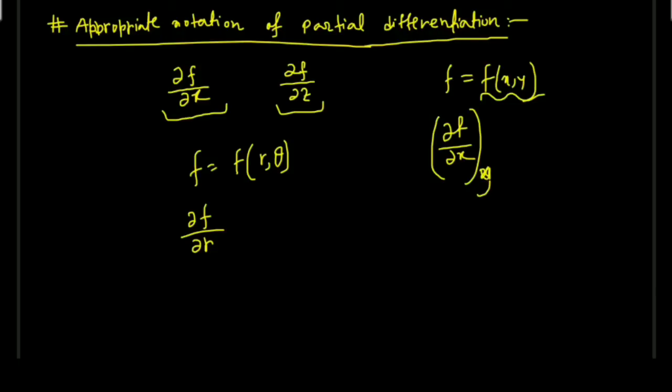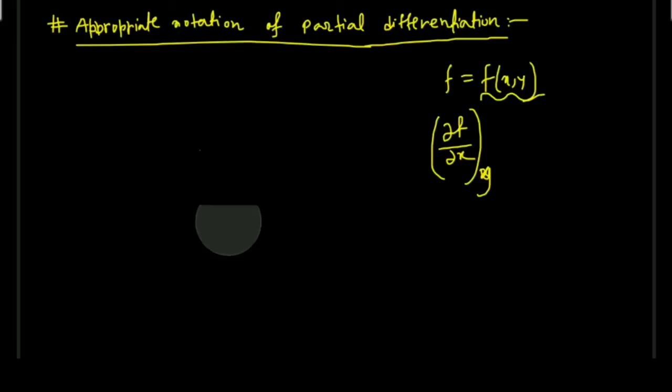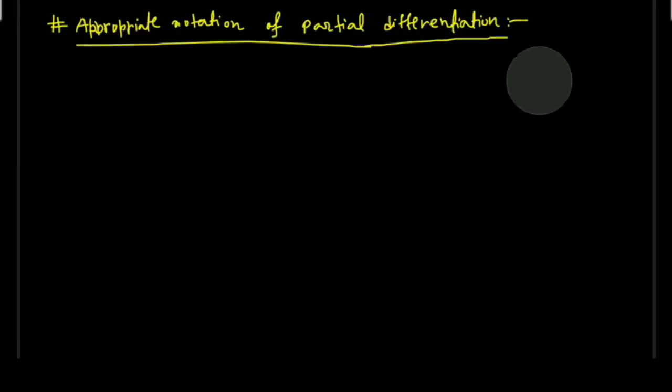Similarly, del f del r with respect to theta constant. Now the question is when it is necessary to mention the constant with the partial differentiation notation, that is, which variable you should take as constant. So I would like to discuss this.